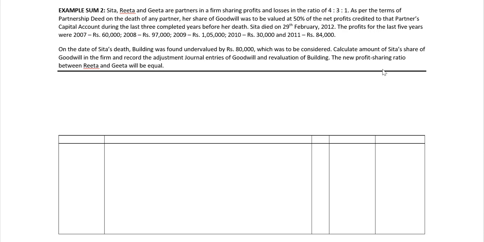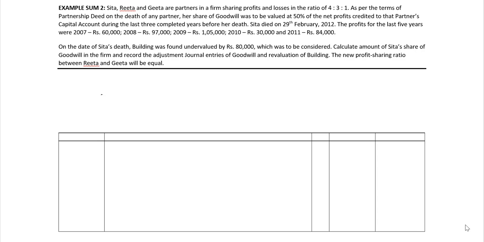So we'll begin with the working notes. The question says, on the death of any partner, her share of goodwill was to be calculated at 50% of the net profits credited to that partner's capital account during the last 3 completed years before her death. So in this case, the last 3 completed years are 2009, 2010 and 2011.